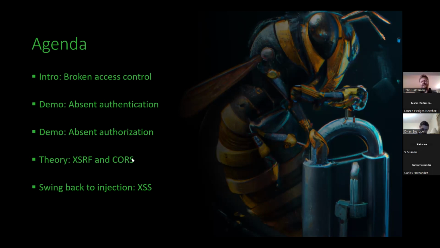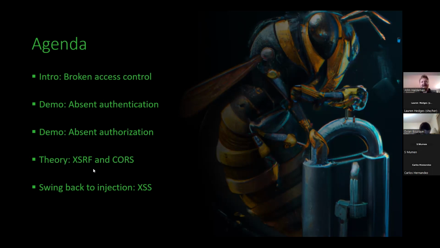We won't look at a demo, but in this area of broken access control there's another thing called XSRF, cross-site request forgery. We'll talk briefly about the theory. I don't have a demo because it was more work than I had time for, unfortunately. You can go research it. Chatsploit is susceptible to XSRF attacks.